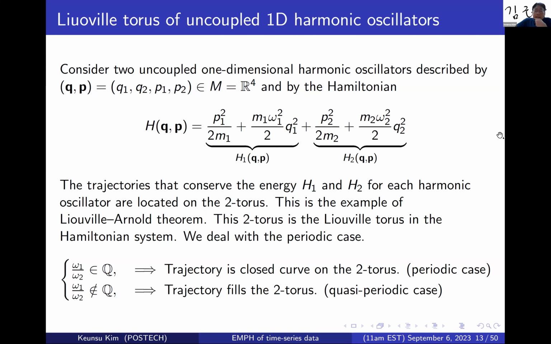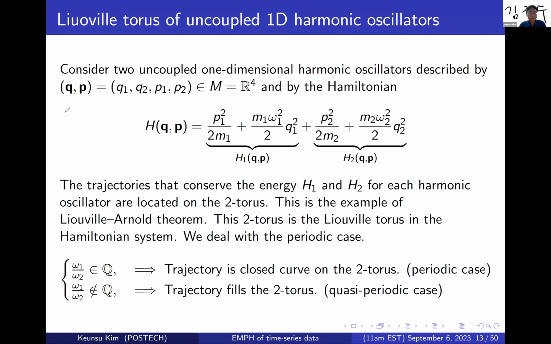Actually, the Liouville torus is an object in Hamiltonian dynamical systems. So in this example, we have two uncoupled one-dimensional harmonic oscillators.